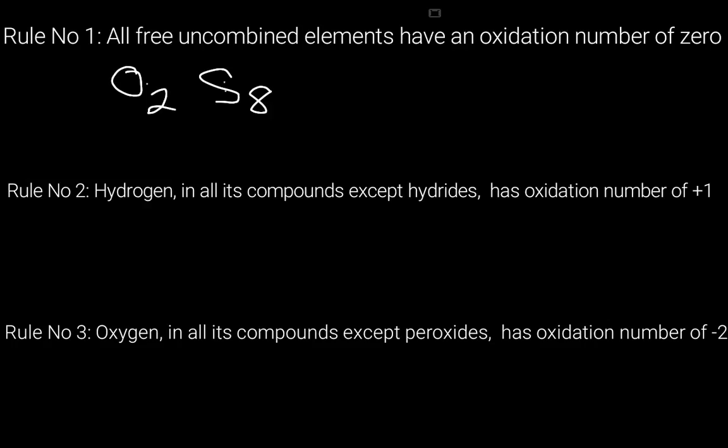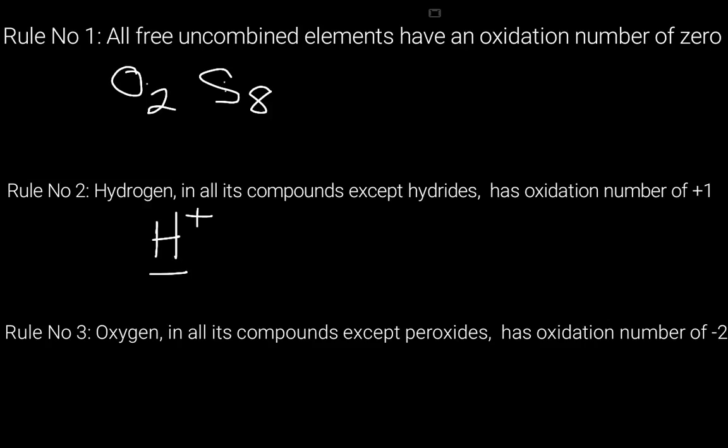The second rule states that hydrogen in all its compounds except hydrides has an oxidation number of +1. So in most cases, hydrogen will have an oxidation number of +1.